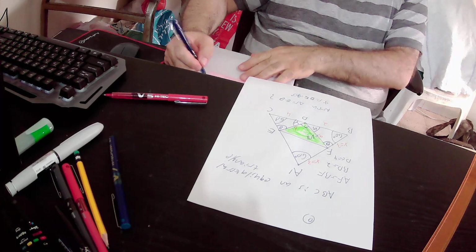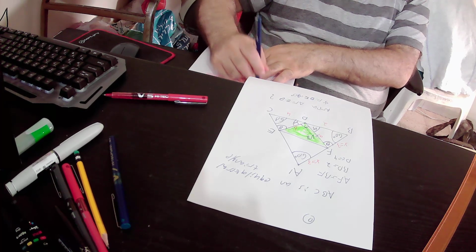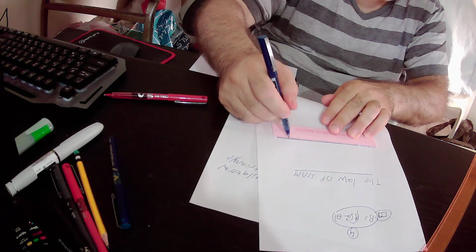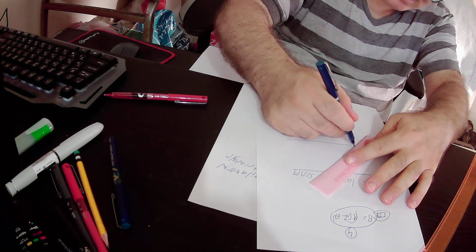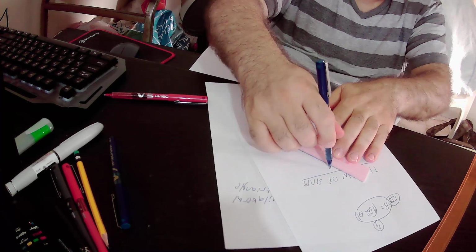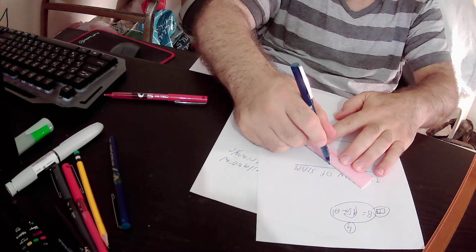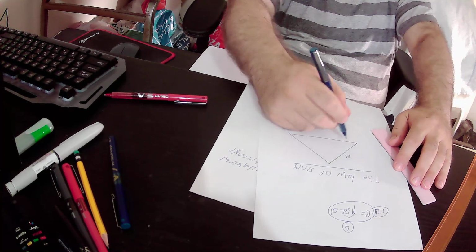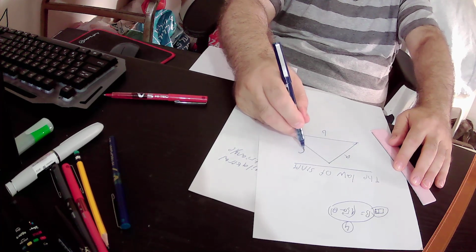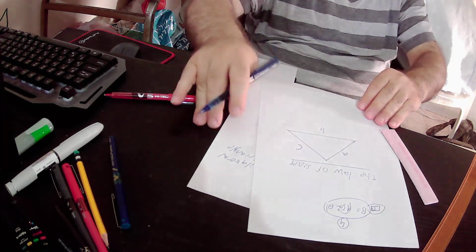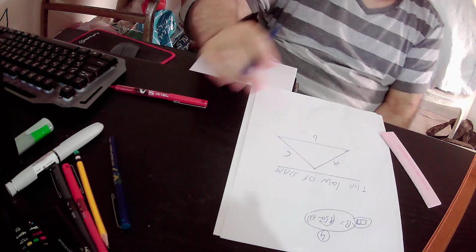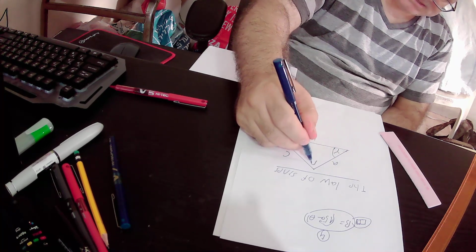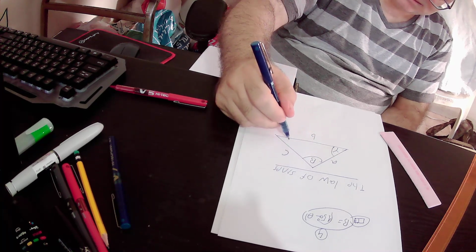If we have a triangle with sides A, B, and C, this side is A, this side is B, and this side is C. This angle is theta, this angle is beta, and this angle is alpha.